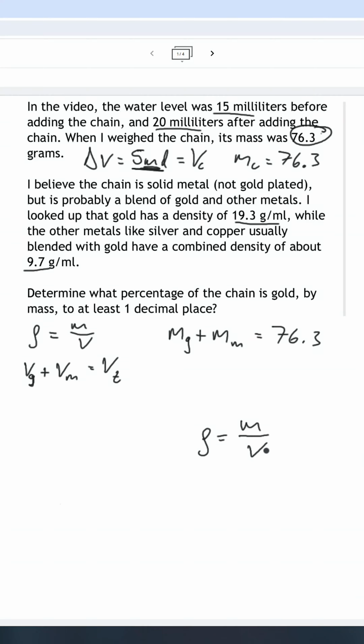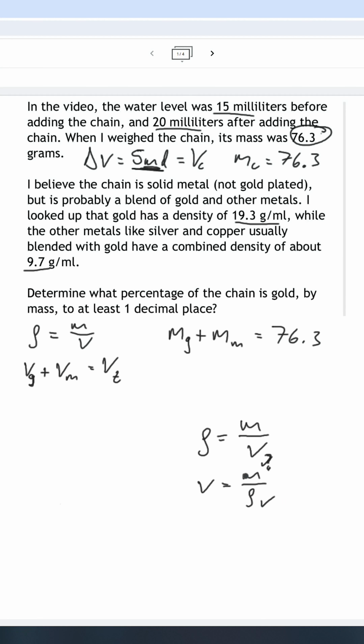And we're going to change the subject and we're going to move this V to the other side, multiplying, right? And the density, we're going to pass it to the other side as a division. So it's going to be over here, right? This is going to be the change of subject. Now, why is this important? Because we don't know the mass of the different metals, of the gold and the other metals, but we know the density.